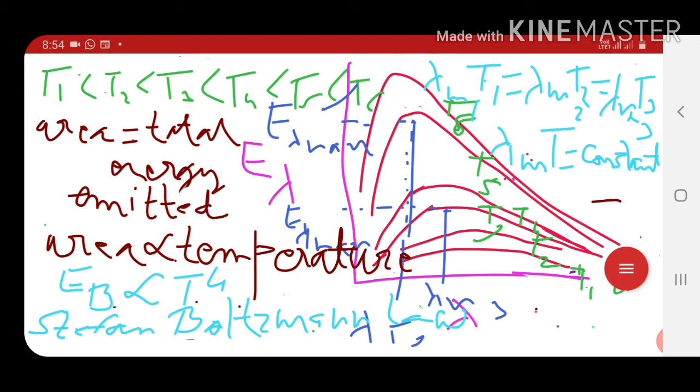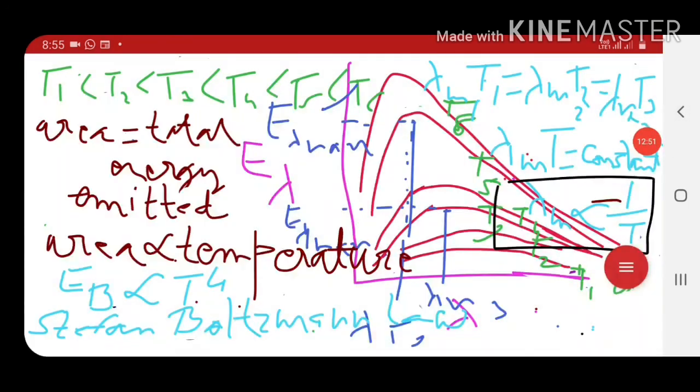This implies that lambda m is proportional to 1 by T. Thus the wavelength lambda m for which the emittance of a black body is maximum is inversely proportional to its absolute temperature.